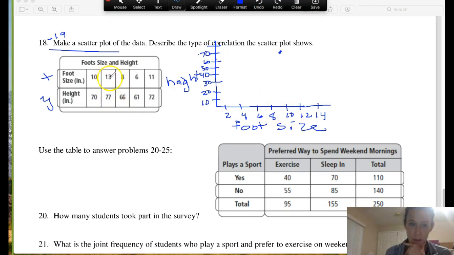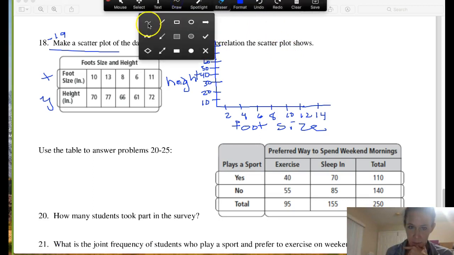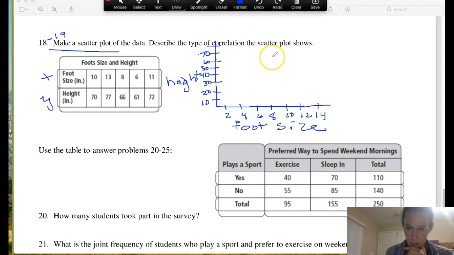If you have a foot size of 13, your height is 77. So between 12 and 14 will be 13, and 77 goes almost up here. Sorry, 10 should be down a little bit more. It should be here, and then 13 all the way up here to 77.